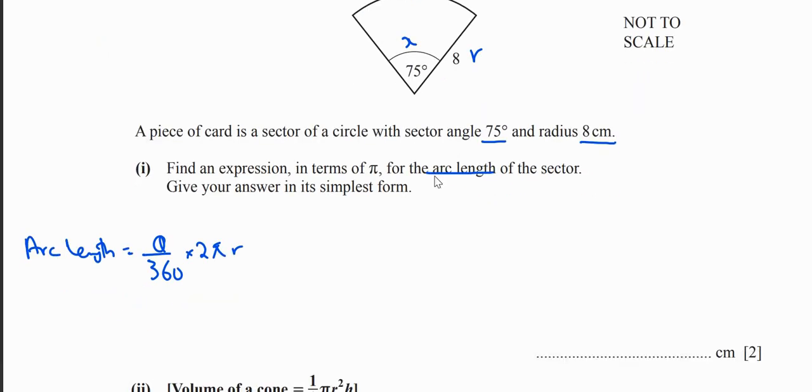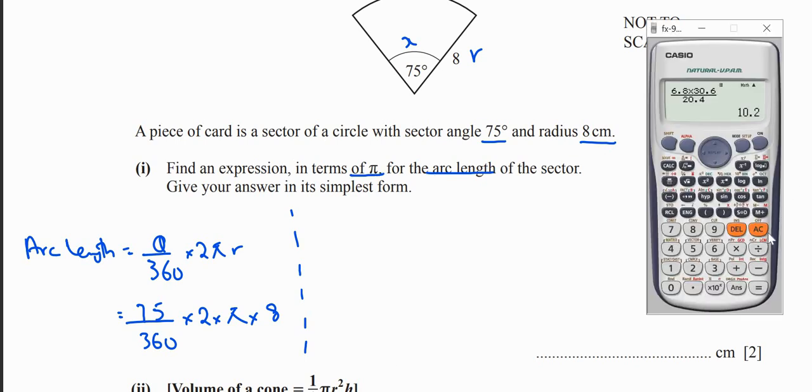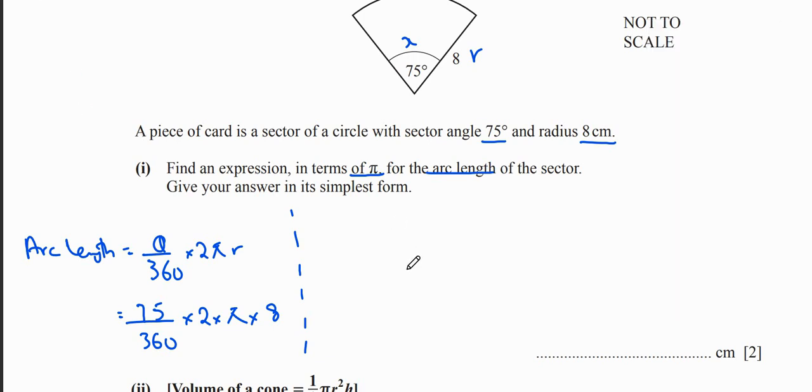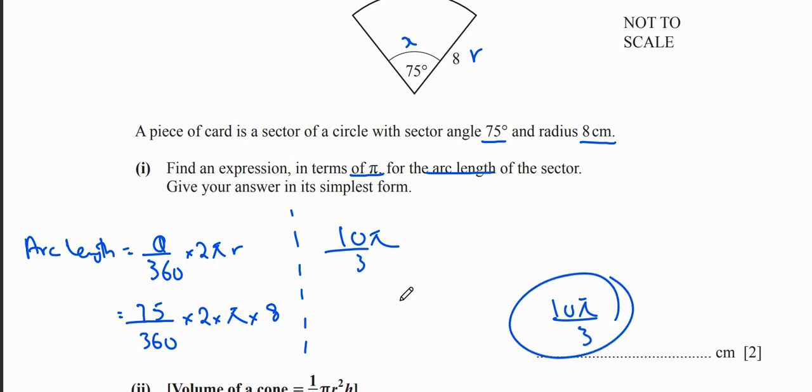Theta is 75, so you will do 75 upon 360 multiplied by 2 multiplied by pi multiplied by r, which is 8. It says find an expression in terms of pi, so it's 10 upon 3 pi. You can write 10 pi upon 3 as well. So you just have to use the formula.